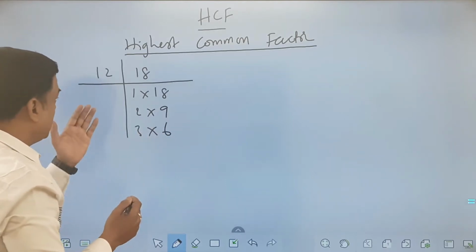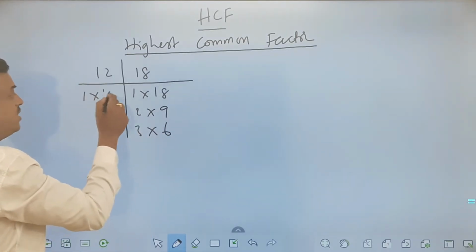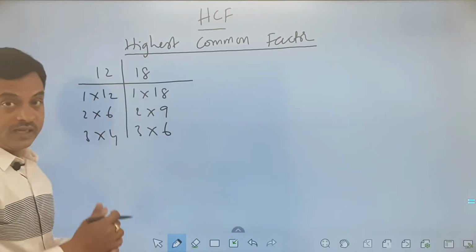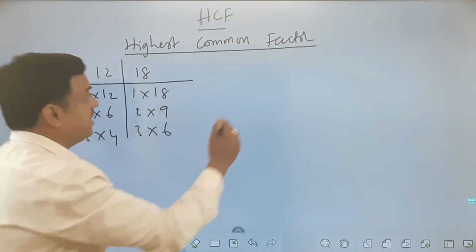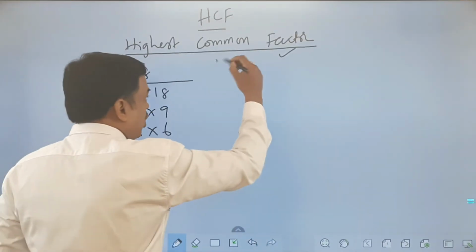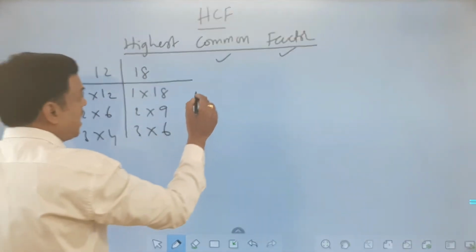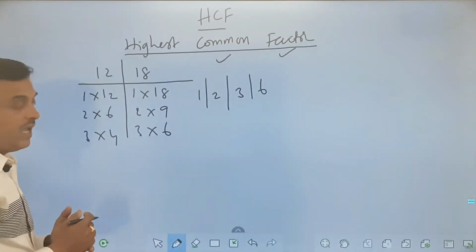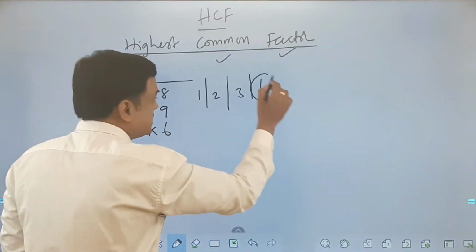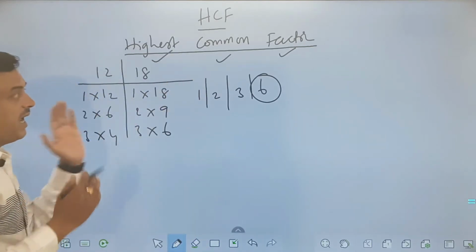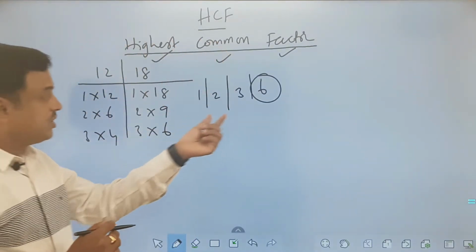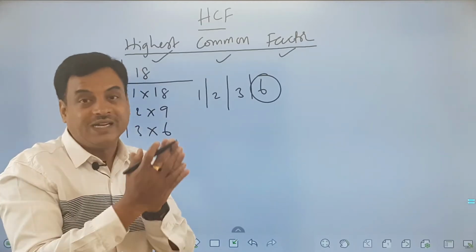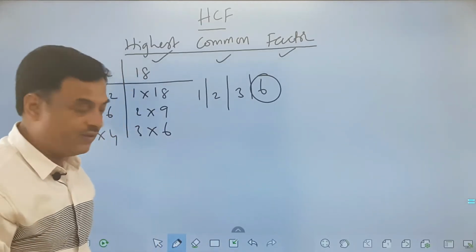When coming to 12, it is 1 into 12, 2 into 6, 3 into 4. If you look at the factors lists, the common factors are 1, 2, 3 and 6. The highest among all is 6, and that we call the highest common factor. So 6 is the highest common factor of 12 and 18.